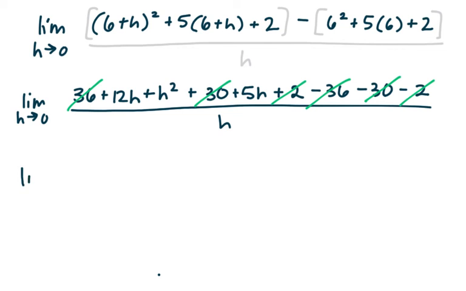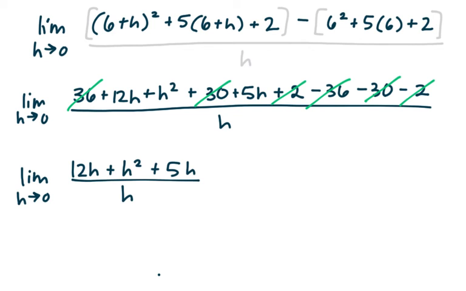So again, writing this out, I have the limit as H goes to 0 of 12H plus H squared plus 5H, over H. Looking at this, we should notice that 12H plus 5H are going to sum together.